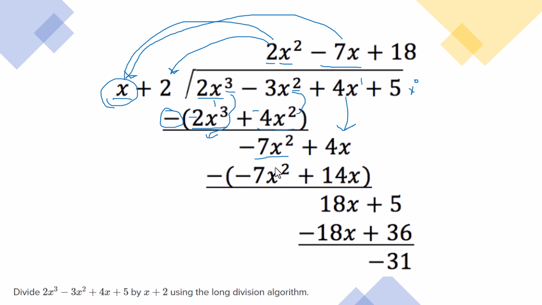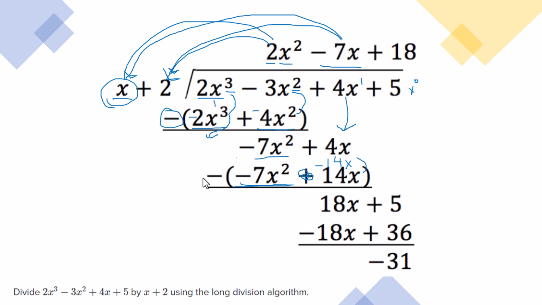Negative 7x times x is negative 7x squared. So that should line up right underneath, be the exact same thing. Don't forget to multiply that second term by negative 7x, and you get negative times a positive is negative 14x. There was a mistake right here. It's always good to go back and check your work. So this is negative 14x.